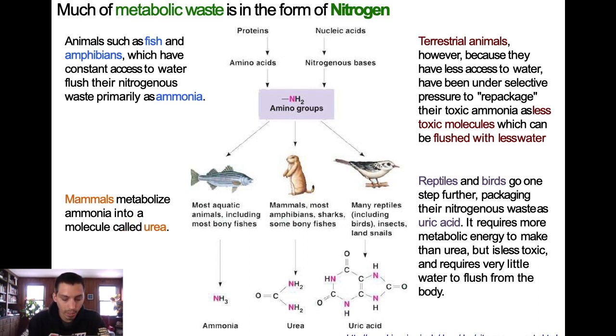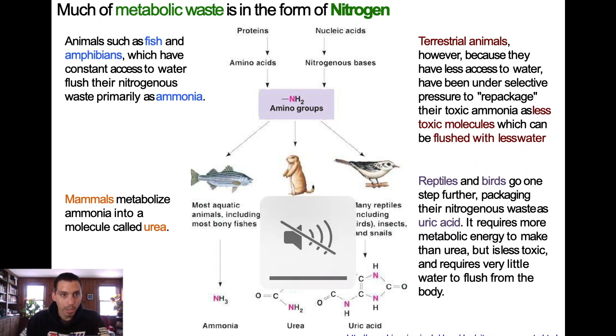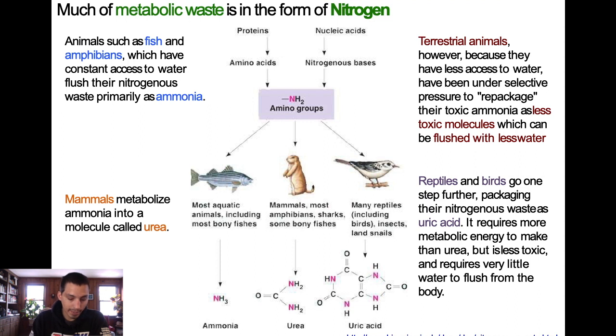If we start with fish, fish obviously have constant access to water. They live in water, so there's no need to make their excretion less toxic because it goes directly into the water and is watered down by it, and made much less concentrated.